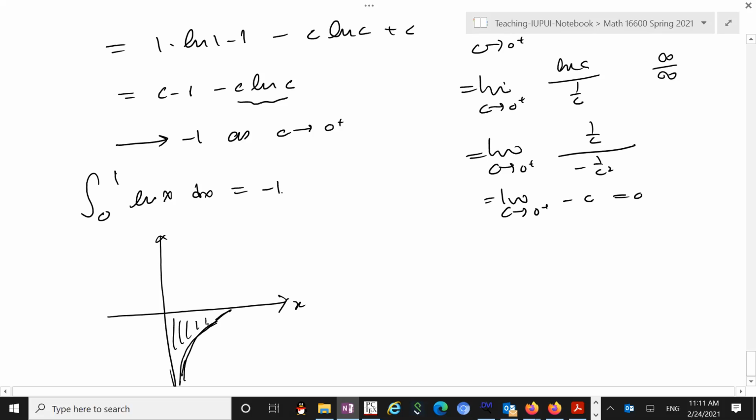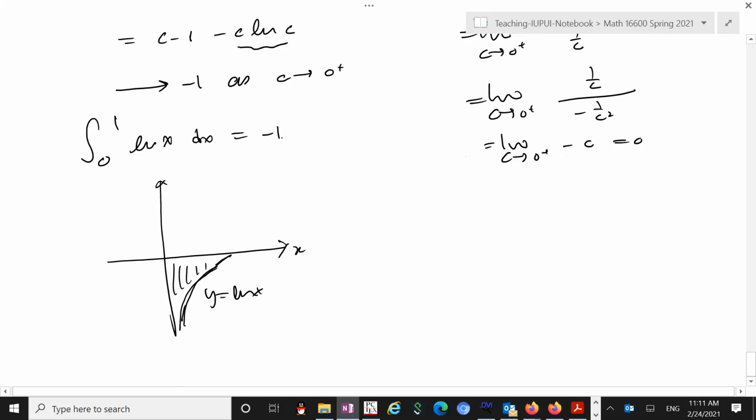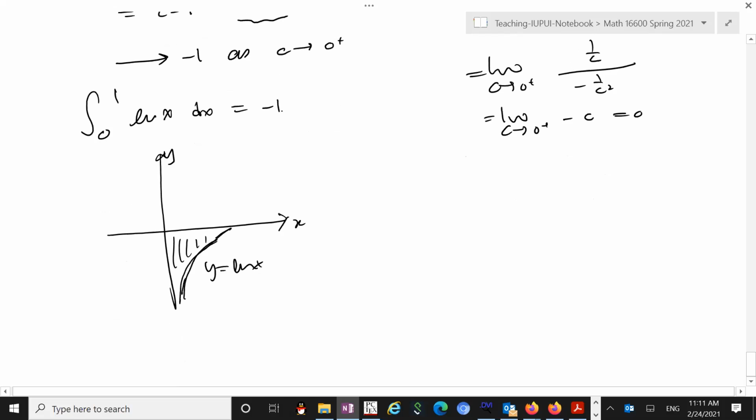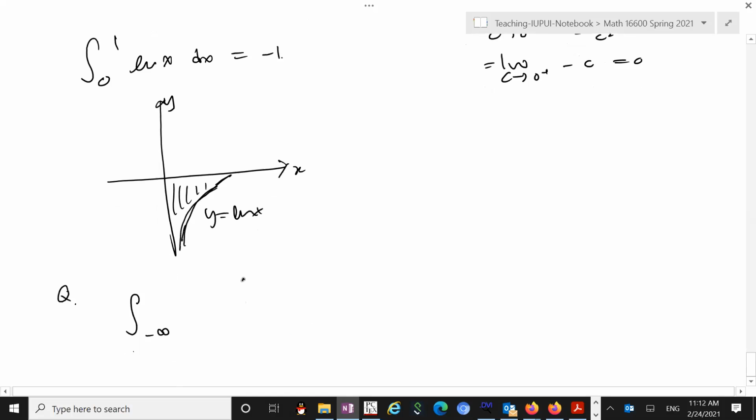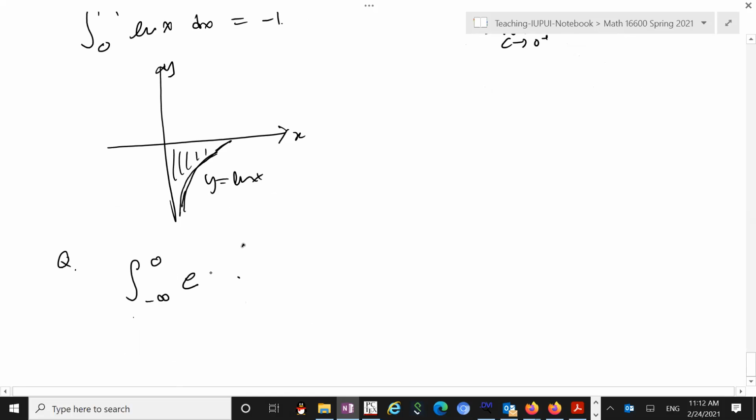So this is the region. The area of this region is 1, but it's below the axis. That's why the integral is going to be negative the area of that region. Now, I'm pretty sure I just showed you this integral from negative infinity to 0 of e to the y dy.